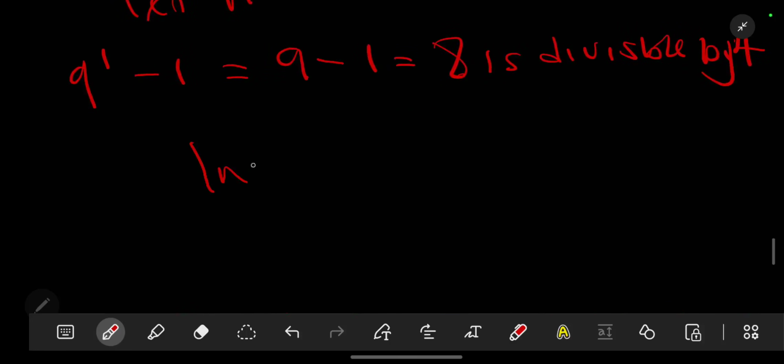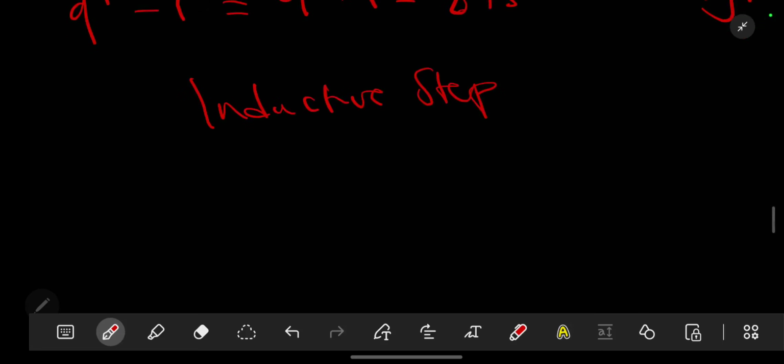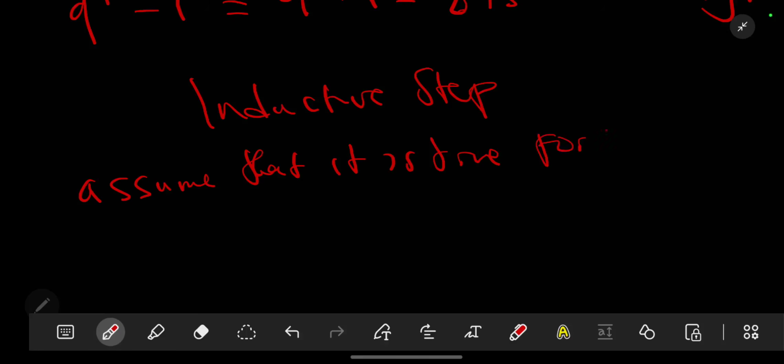Then we are going to take the inductive step. Under the inductive step, we are going to assume that it is true for n is equal to k.